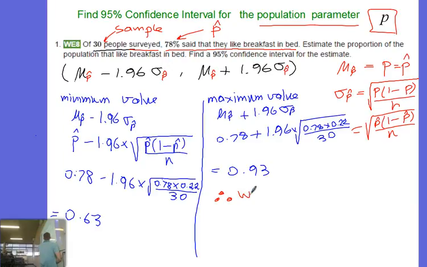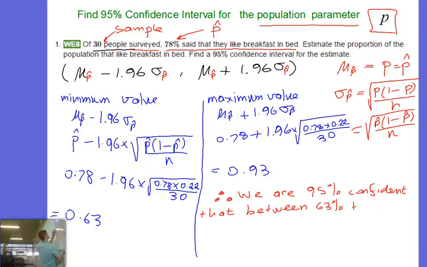So we can say, therefore, we are 95% confident that between 63% and 93% of the population, yes, they like breakfast in bed.